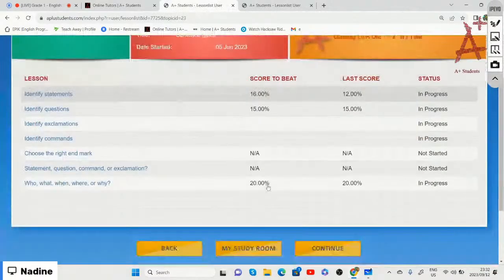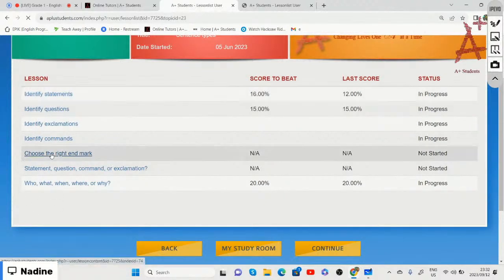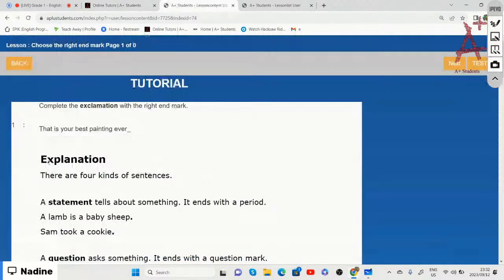All right, we're going to have to choose the right end mark, right? So we're going to look at the different sentences and then choose the right end mark. Does it end with a period? Does it end with a question mark or an exclamation point?